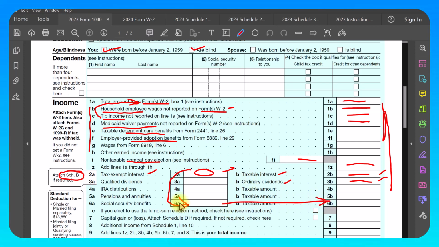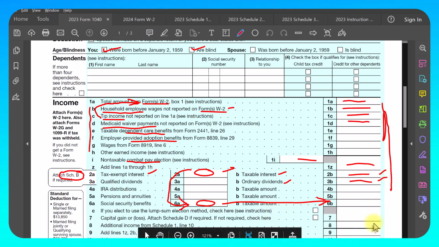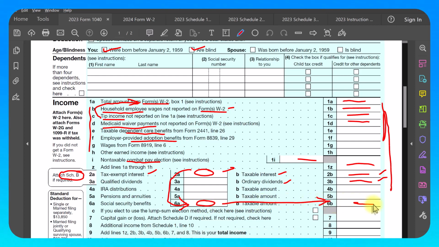Okay, so this Social Security benefits amount right here, the gross benefits for the year, is reported to the taxpayer on Form SSA-1099. That form is not going to tell you how much is taxable. The amount of the gross Social Security benefits that are taxable is based upon the taxpayer's total other income, and it can turn the gross benefits up to 85% taxable.